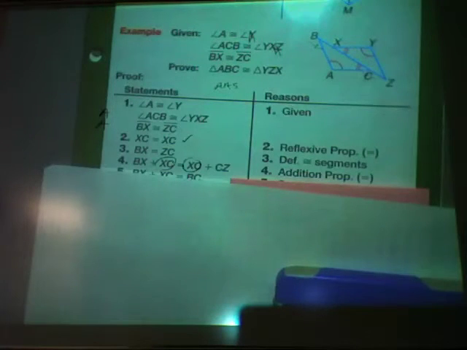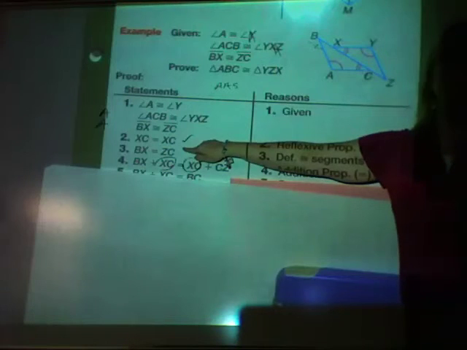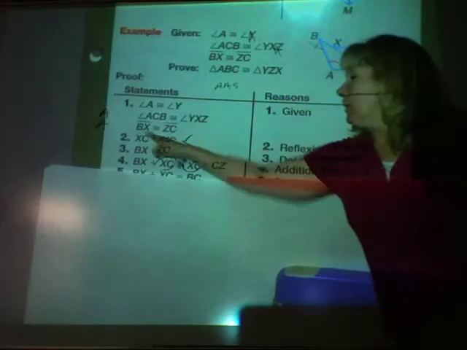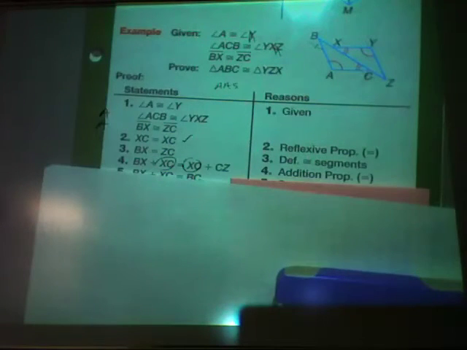But again, we have to look at what came above. Since we started with this, and then they told you that these are congruent pieces, they look different, but they're both congruent, then I can add each one of these to each of these sides. And I've added the same thing to both sides. That's your addition property of equality. So now I have BX plus XC. That's the full length of this triangle, isn't it?